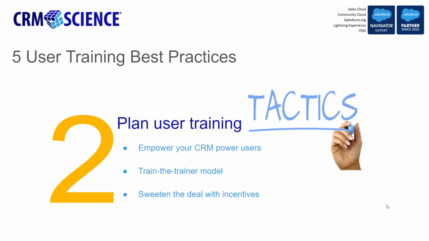The next best practice to consider when creating a training program or considering user training are your training tactics. One extremely powerful tool that I've learned since being in the Salesforce ecosystem is this concept of identifying power users. Power users are typically people at the company who are more excited or more interested in technological change.